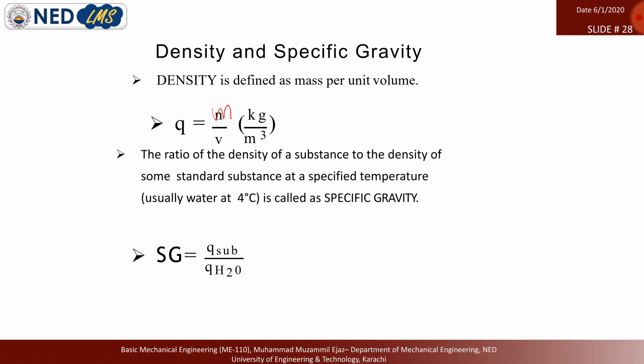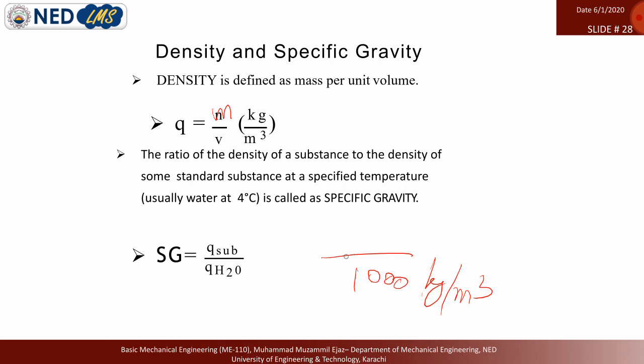And what is specific gravity? It is the ratio of the density of a substance to the density of some standard substance at a specified temperature. So it is a ratio of two densities. In the denominator we set a standard substance; normally we place water at 4 degrees centigrade, which has a density of 1000 kg per meter cube.